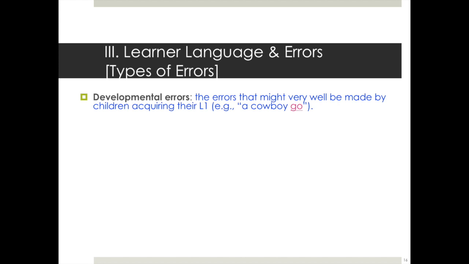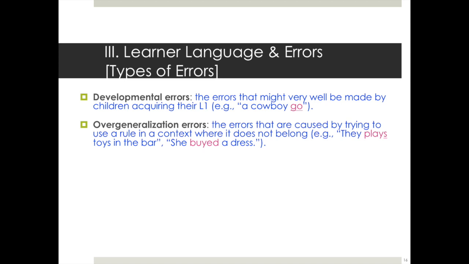So the first type of error is called developmental error, and this type of error might very well be made by children acquiring their L1. So they can be equally made by first language learners or second language learners. For example, a cowboy go, not marking the third person on the verb form. The second type is what we call overgeneralization errors, and we are quite familiar with these.